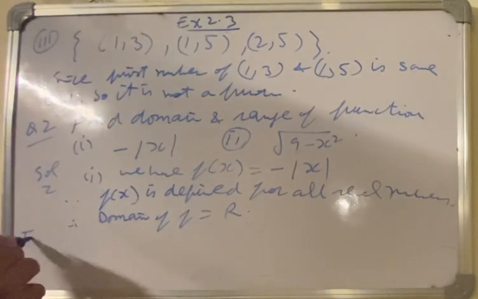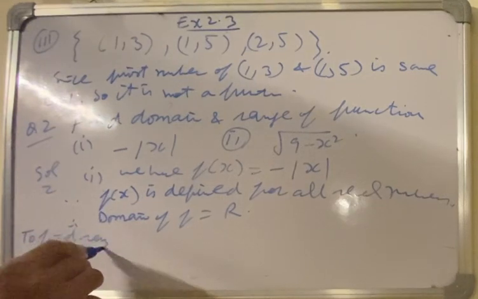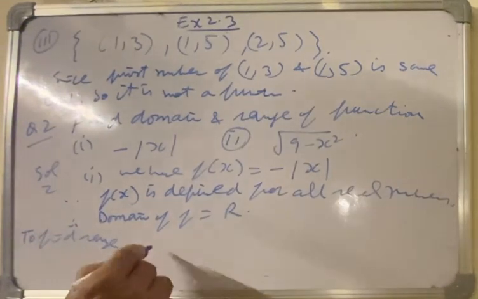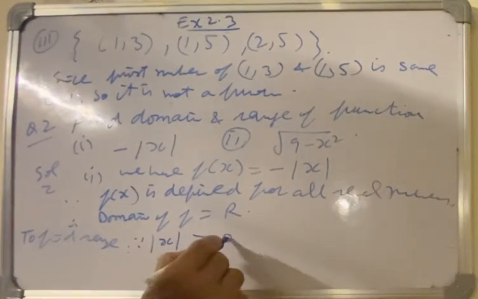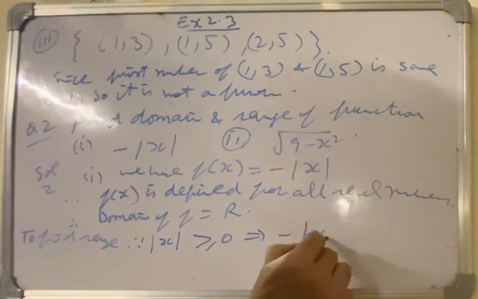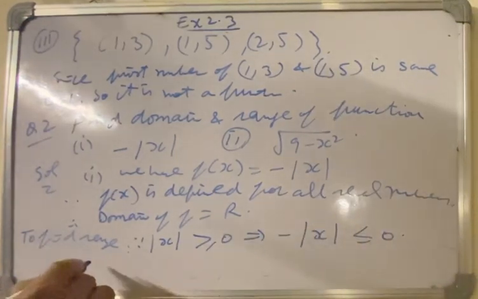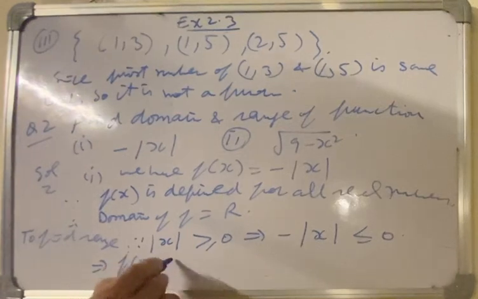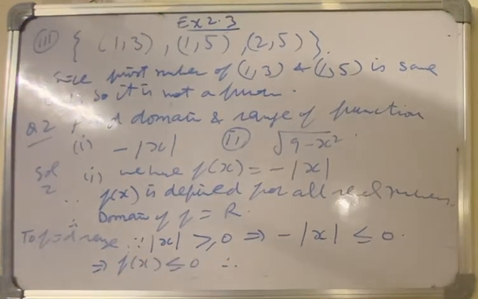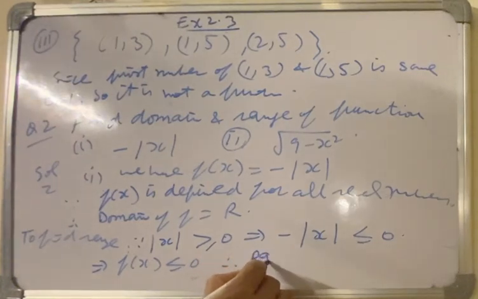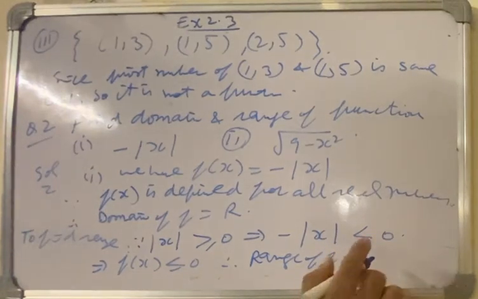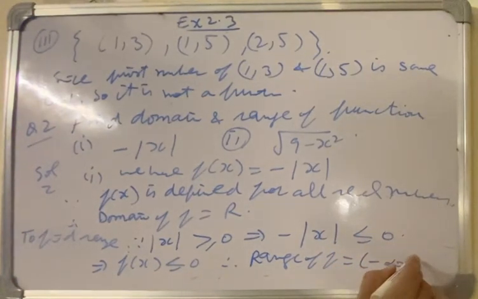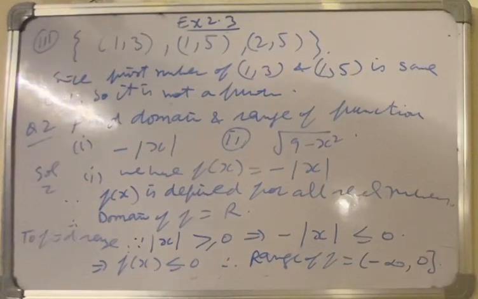Now to find the range of the function, since mod x is greater than or equal to 0, minus mod x is less than or equal to 0, which means f(x) is less than or equal to 0. Therefore the range of f is minus infinity to 0, closed interval. So that's all.